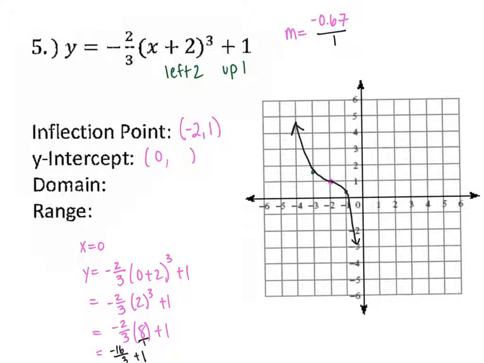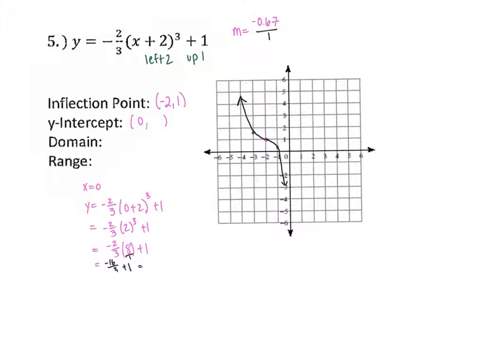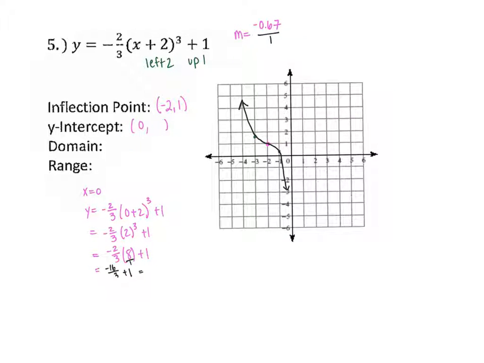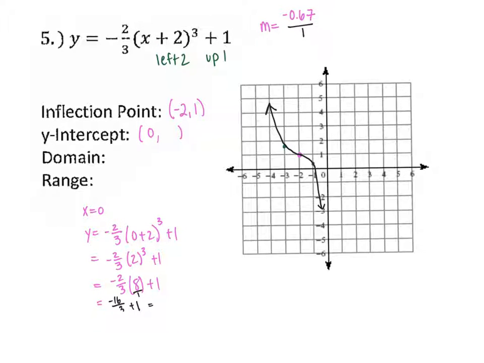Now, in my calculator, I'm going to figure out what that gives me here. Let me kind of scrunch this up and set this to the side here. Yeah, there we go. So that way we can kind of see these numbers. So -16 divided by 3 gives me about -5.33, and then I'm going to add 1 to that.